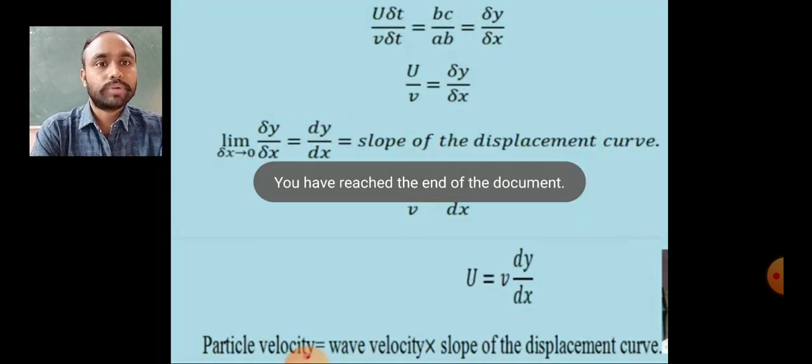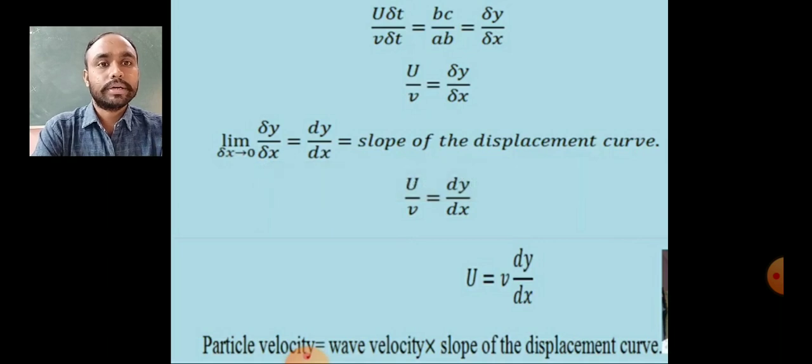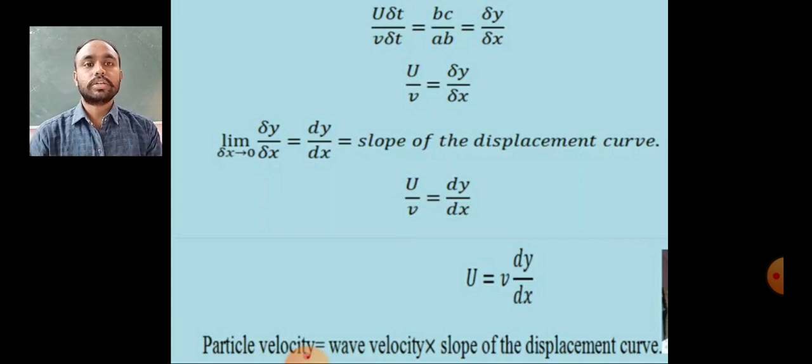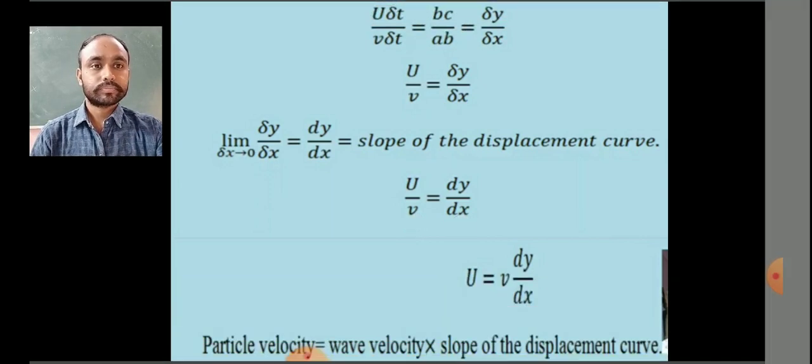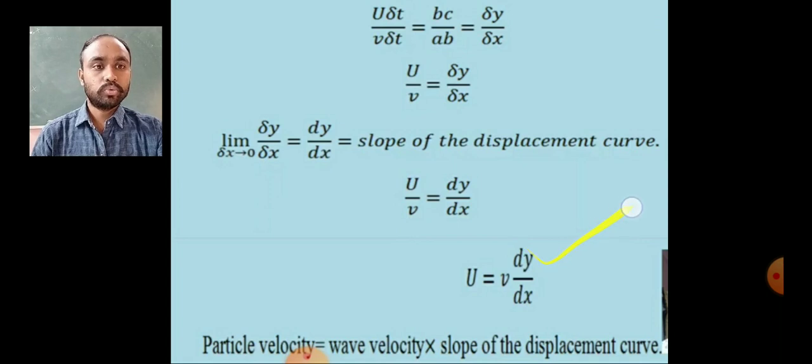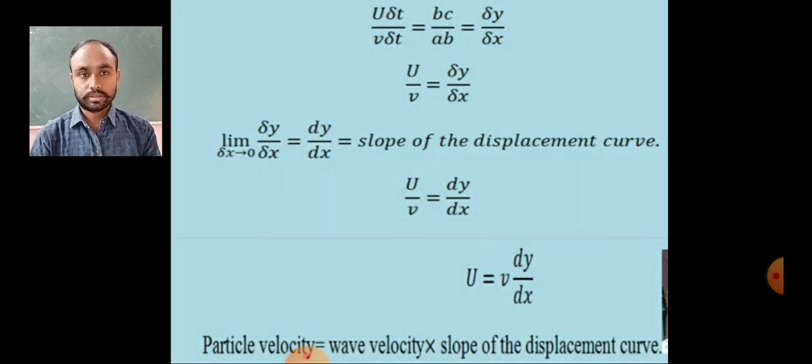Substituting dy by dx for delta y by delta x, we get u by v is equal to dy by dx. Now bring v to this side, and it becomes u is equal to v into dy by dx.